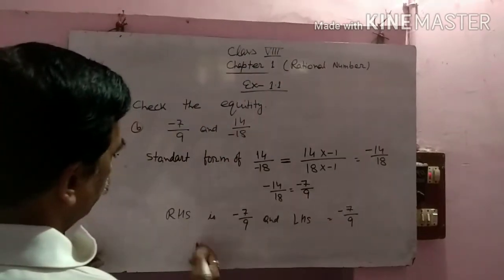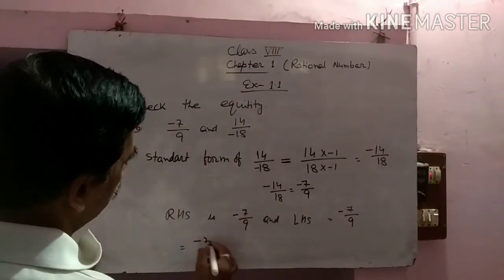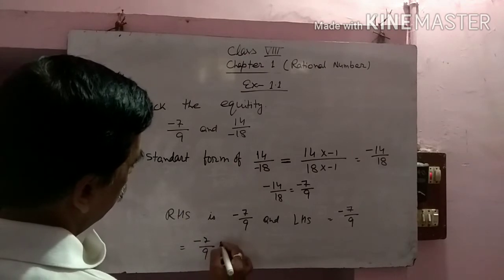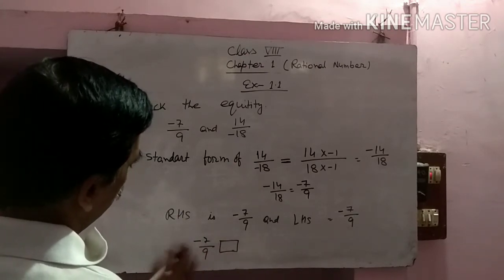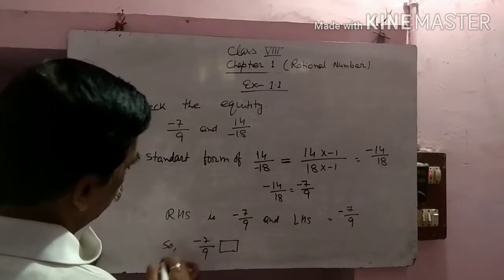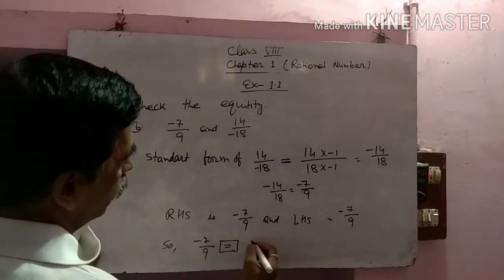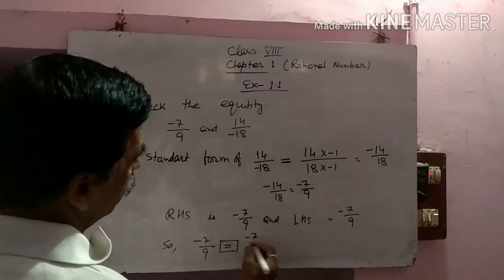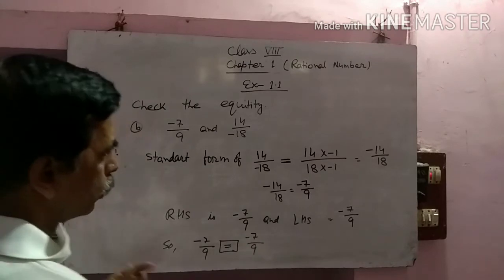So minus 7 by 9 equal to minus 7 by 9. Okay, both are equal.